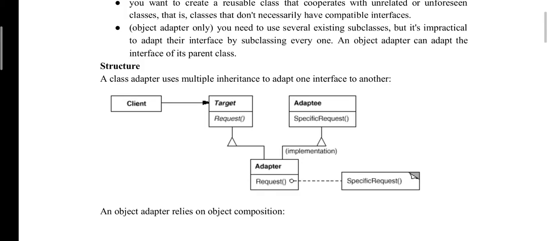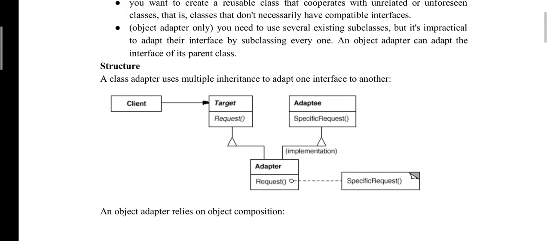So the class adapter uses multiple inheritance. Now here one class is there, that is the adapter class. This class uses multiple inheritance to adapt one interface to another. What is the purpose of that adapter class? To use multiple inheritance. That is, there are multiple base classes from which you are deriving only one derived class, that is nothing but your adapter.